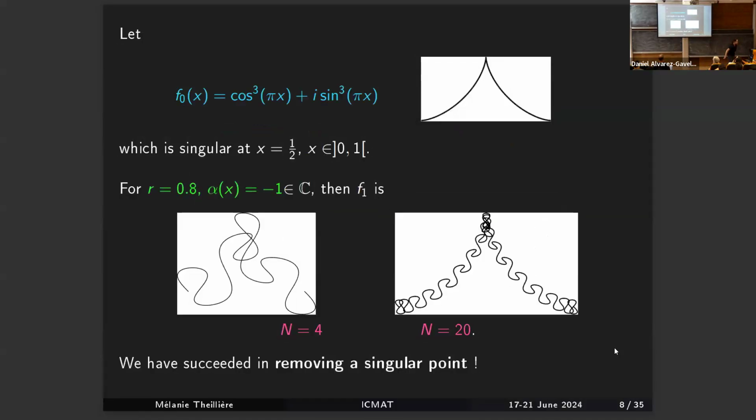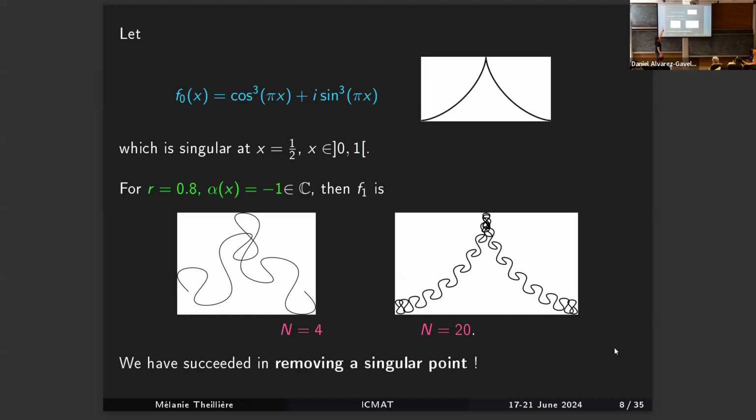Let's continue a bit, this time with a singular curve. I take this part of the curve given by cos to the power 3 and sin to the power 3. This curve is singular at the point x equal to 1/2.